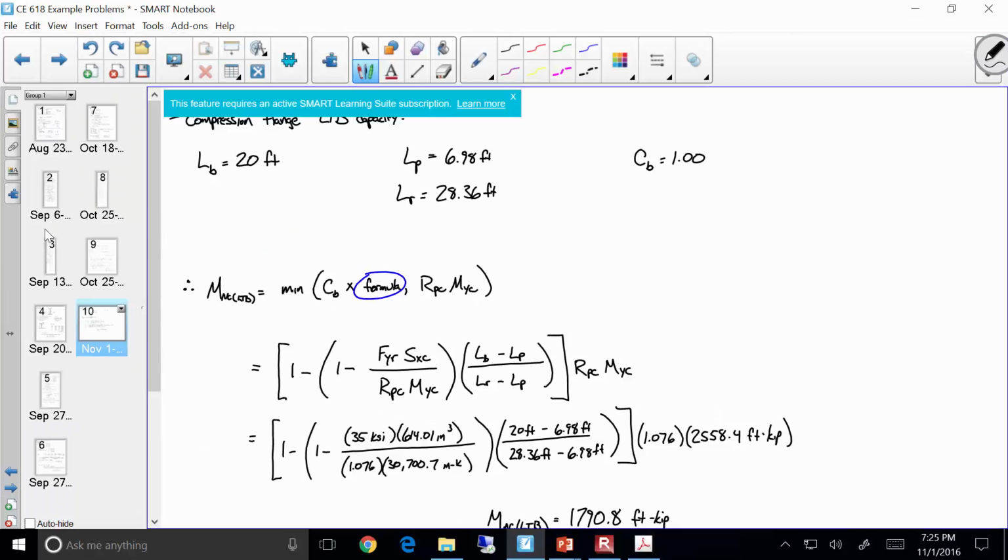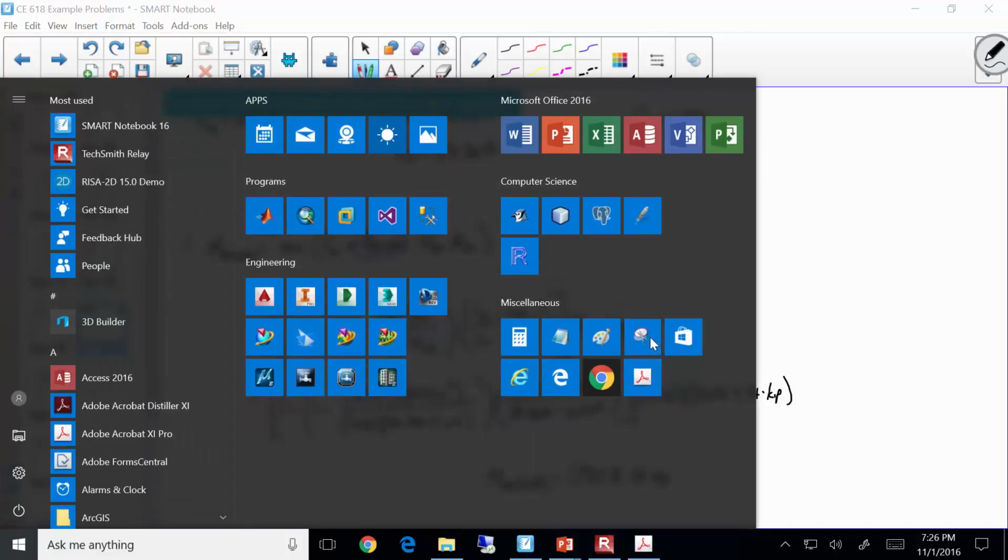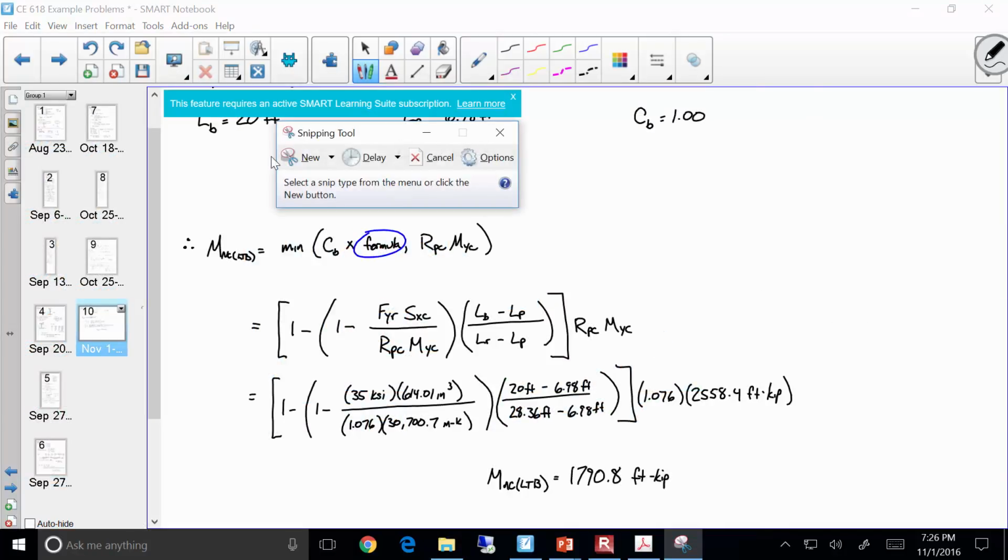Let's break out the Excel and check it and make sure everything's fine. Are all the values going into it right? This is 35, that's 614.01, 1.076.